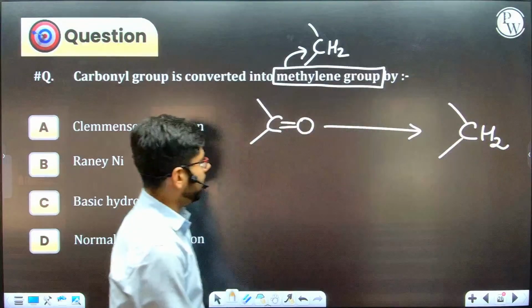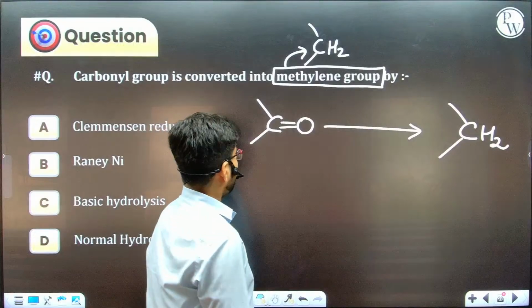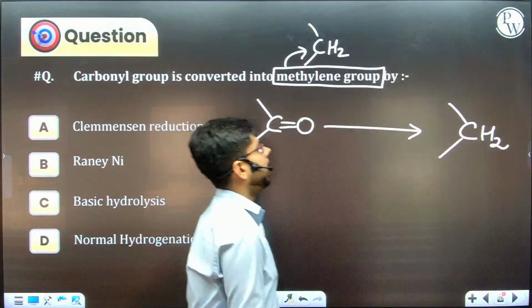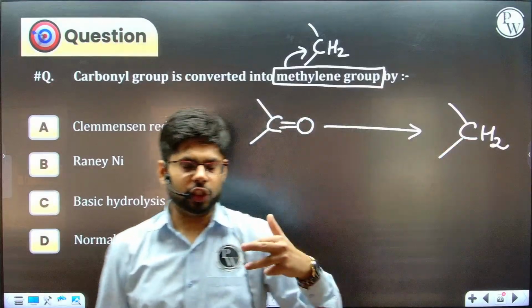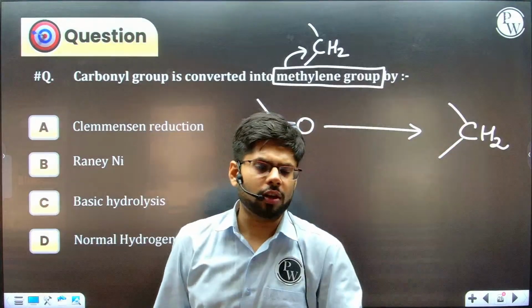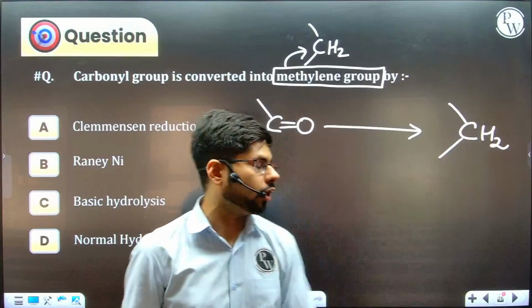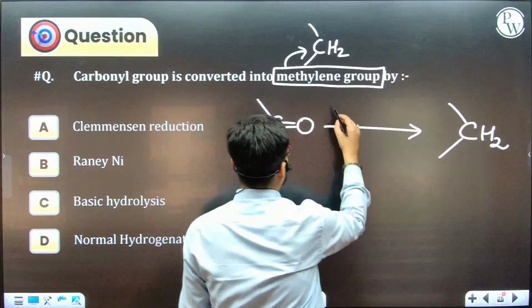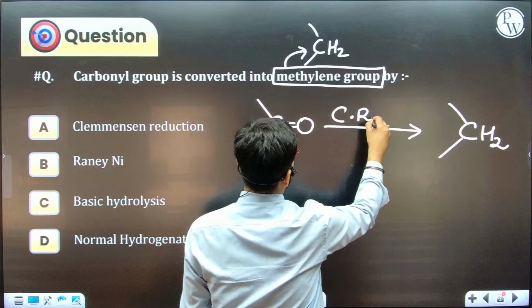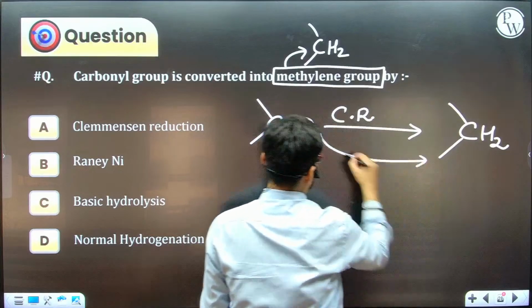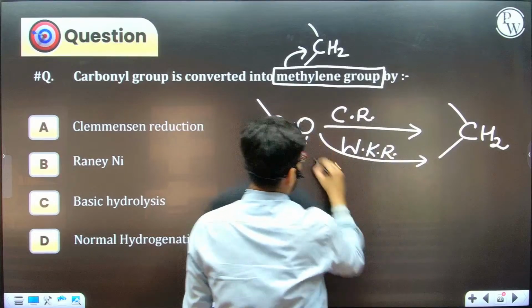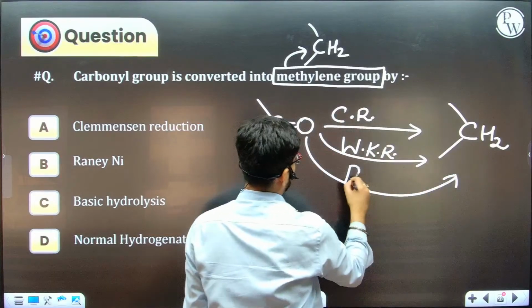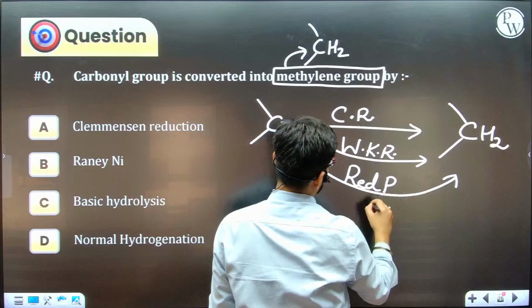How is this obtained? We know that a ketone or an aldehyde can be converted to this, that is, if we wish to remove oxygen, and in place of oxygen, add hydrogen atoms. Now this can be done by using Clemmensen reduction, by Wolff-Kishner reduction, and also by using red phosphorus and HI.